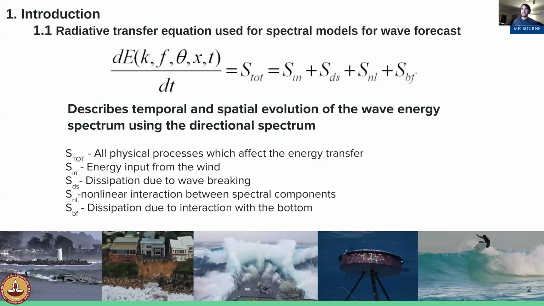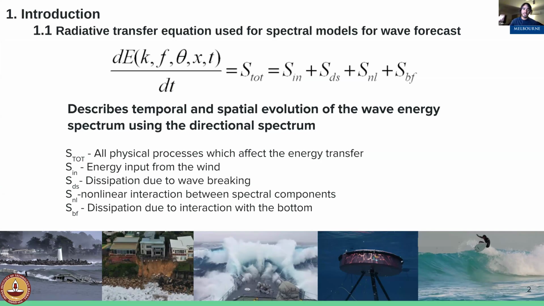So, the directional wave spectrum. As we know, the directional wave spectrum is a diagram that we use to describe waves in the ocean, and it is very important since this diagram lets us know how the waves behave, so we can estimate how they evolve over time with spectrum models. Using these models, we shape the spectrum by using the radiative transfer equation, which we have here, which shapes the spectrum according to the energy budget.